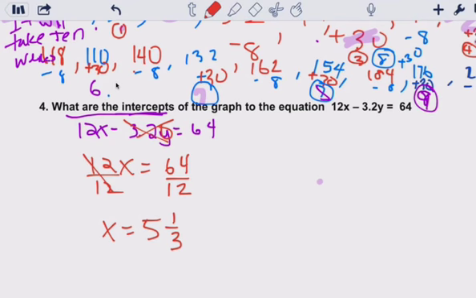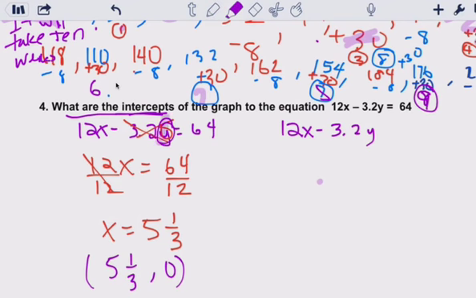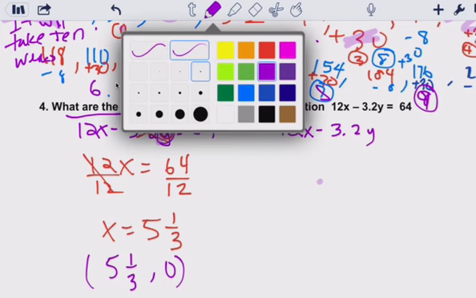Y is the same thing. You got 12x minus 3.2y. So x-intercept is 5 1/3 and 0, because y is 0 right here. Okay, right there. Y is 0. X is 5 1/3. Okay.